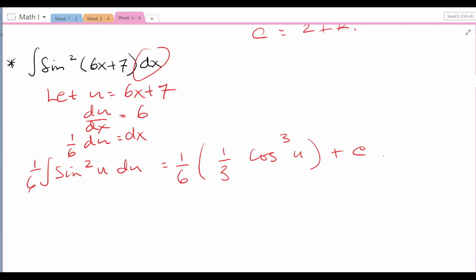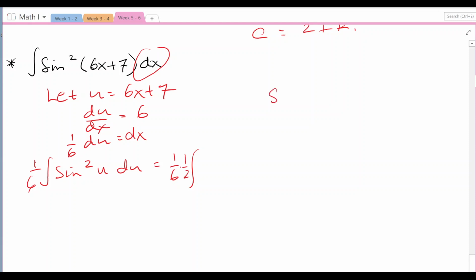So this is going to be more difficult or longer, but the other way of doing it is to use u substitution. By doing u substitution, the equation will become 1 over 6 integral times half, because the identity is sine square alpha equals half of 1 minus cos 2 alpha.